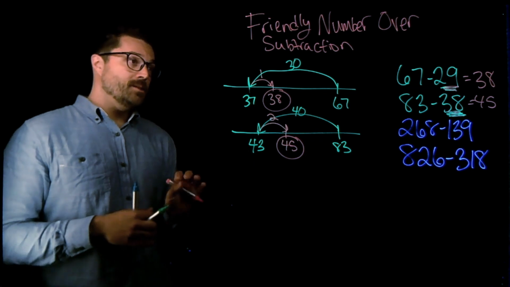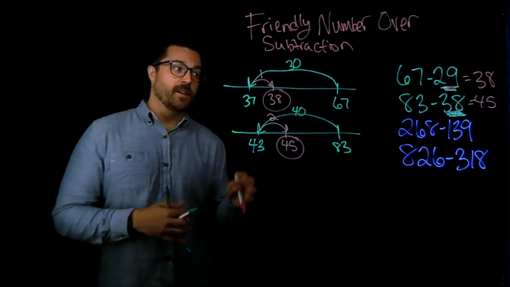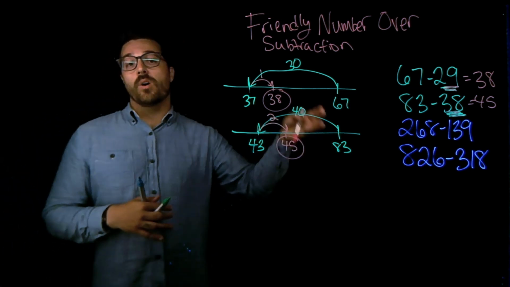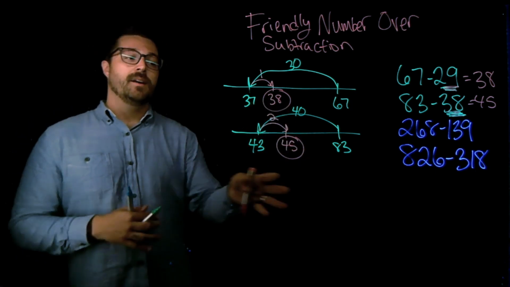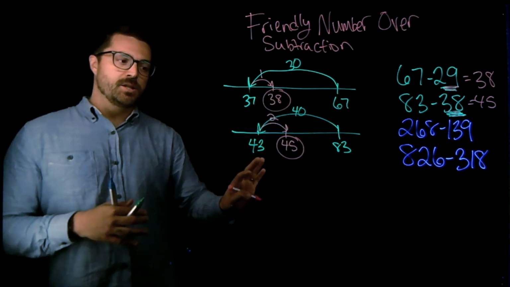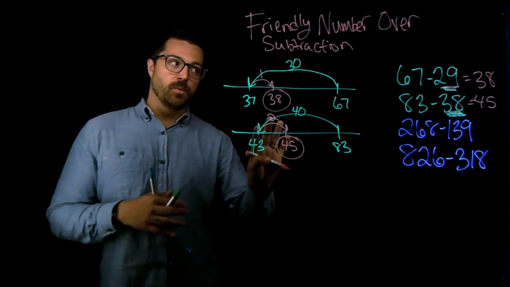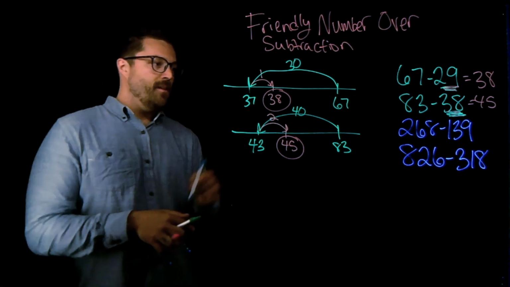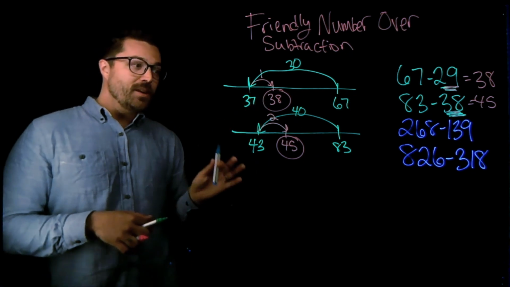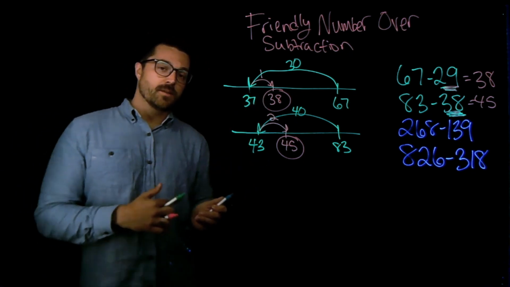In this specific application, we're looking for a friendly number that's over, one that's higher, one that's more than we're supposed to take away. And then at the end, we make that adjustment to find the actual difference between the two numbers we started with.